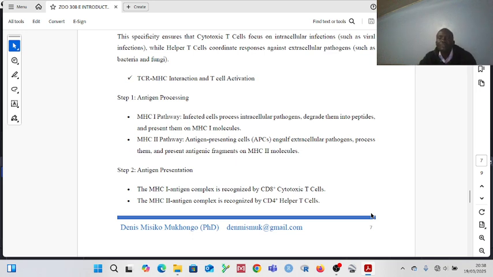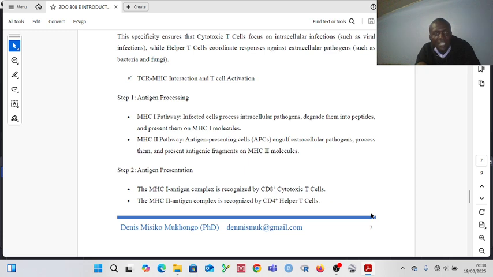So they are expressed on antigen-presenting cells. So the antigen-presenting cells will engulf the extracellular pathogens. To engulf is sort of to swallow. So after swallowing these pathogens, they process them, then present the antigenic fragments on major histocompatibility class 2 molecules.